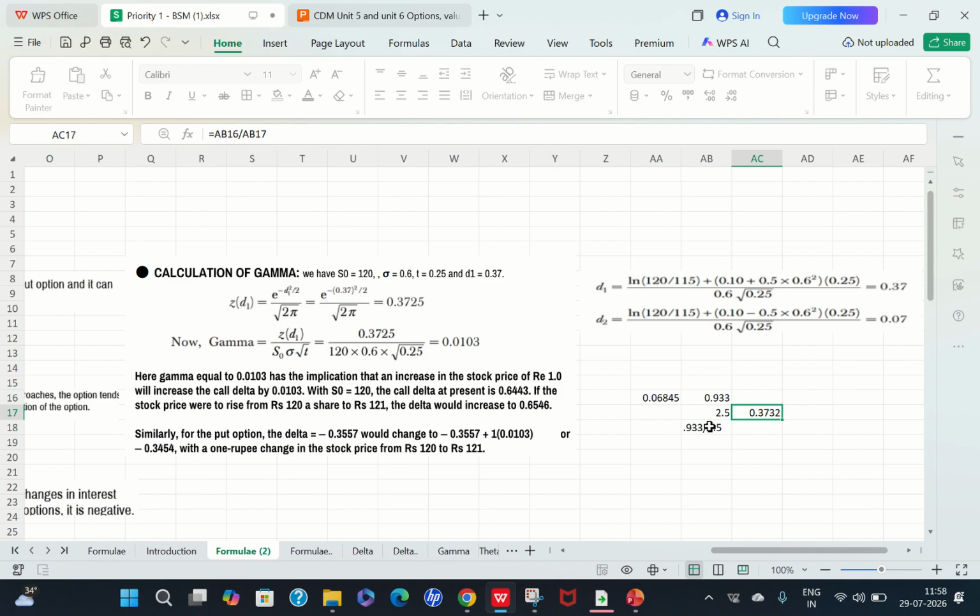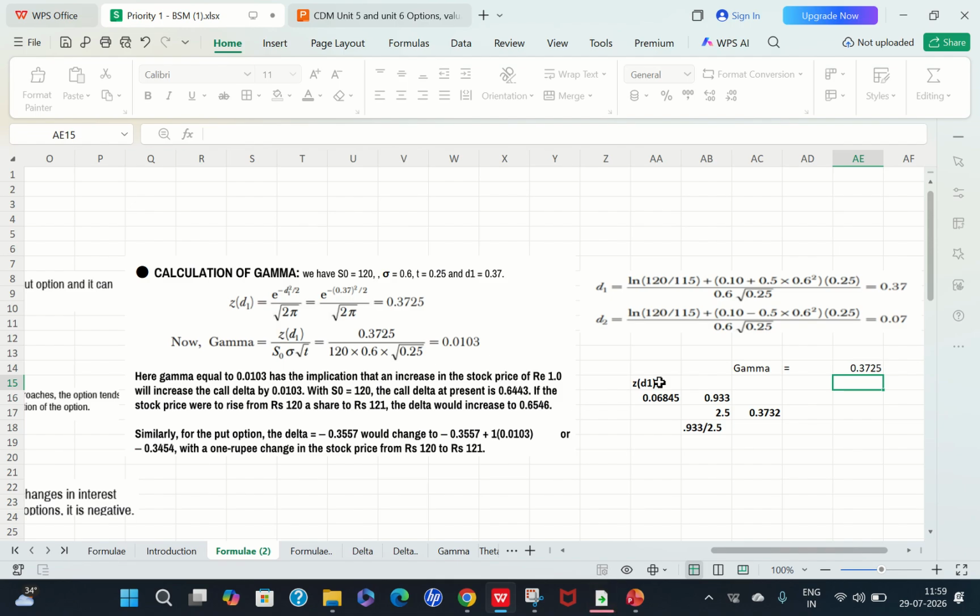Then you apply the gamma formula. So what is your gamma formula? ZD1 is the value which you have found out. So gamma is equal to, see, this entire part is ZD1. So gamma is equal to 0.3725 divided by, what is S0?